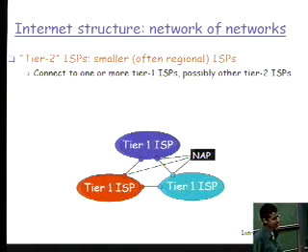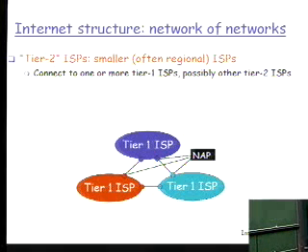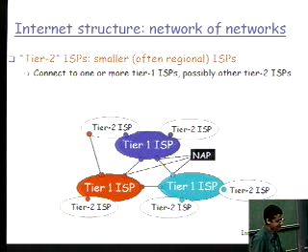At the second level, you have tier 2 ISPs or regional ISPs. So these are local ISPs that operate in a particular region, like in the New York region or in California or the Midwest. And these tier 2 ISPs will connect to one or more tier 1 ISPs. They are all customers of these tier 1 ISPs. They buy bandwidth, or they connect to multiple tier 1 ISPs.